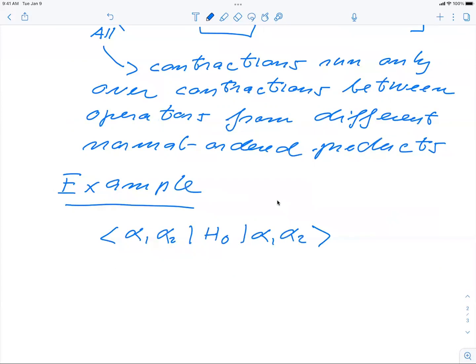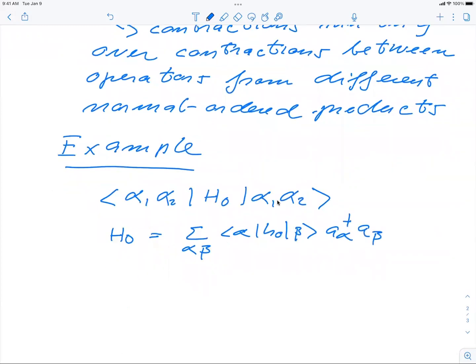This is something which we have seen before when we defined H equal to a sum over alpha beta, and then we have a matrix element H0 alpha beta, and then we have A alpha dagger, A beta. Now notice one thing here. This operator is actually already in a normal ordered form, right? So this is normal ordered with respect to the true vacuum. So we could actually have written this, but we don't do that.